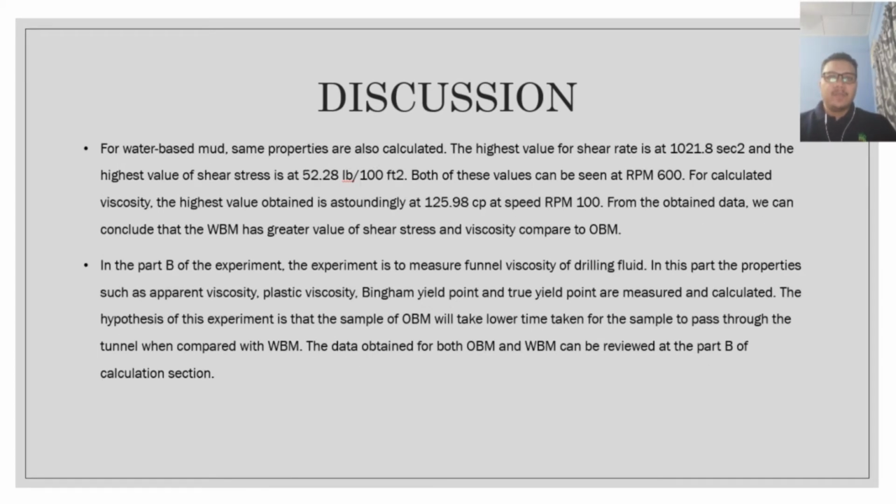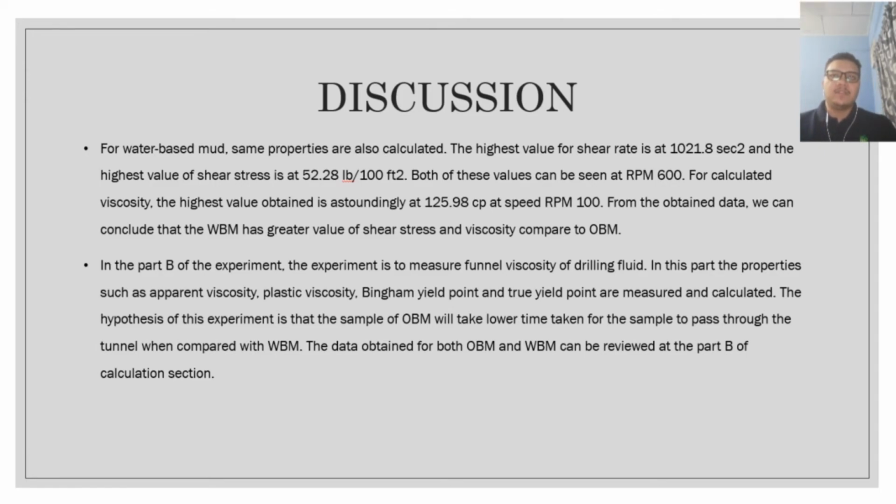Alright, for water-based mud, the properties are calculated. The highest value for shear rate is the same, at 1021.8, and the highest value of shear stress is 52.28 pound per 100 feet squared. Both of these values can be seen also at 600 rpm.